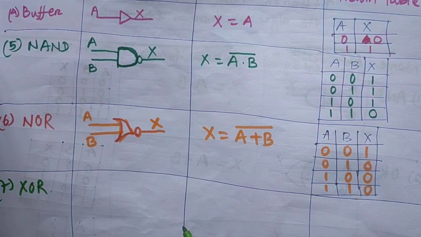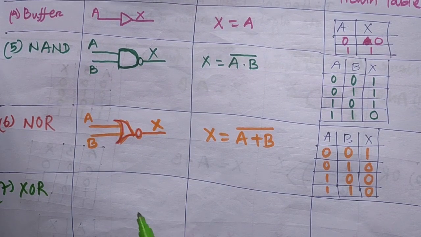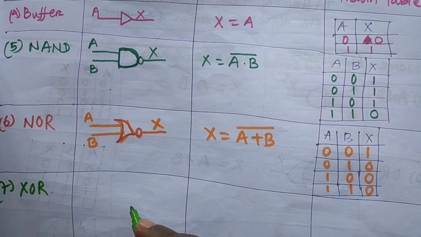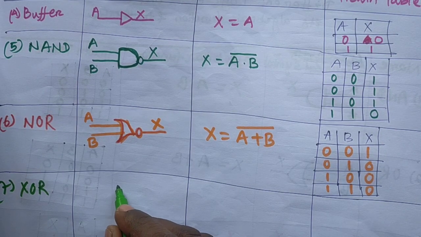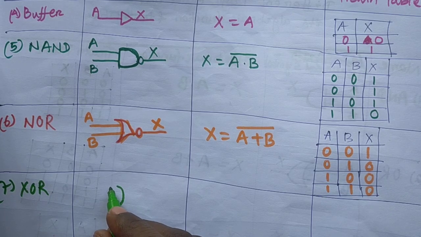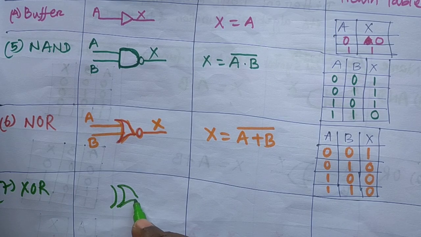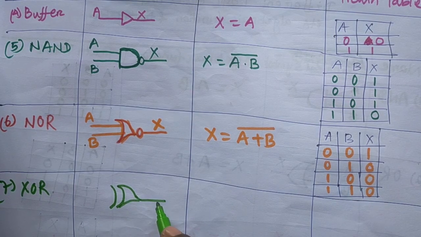We can call it XOR, a slight modification of the OR gate. You see the symbol is similar to an OR gate, but with an extra curve like this, and that is how we define XOR.